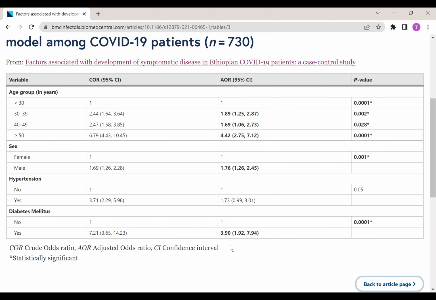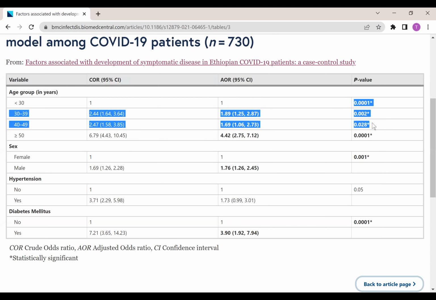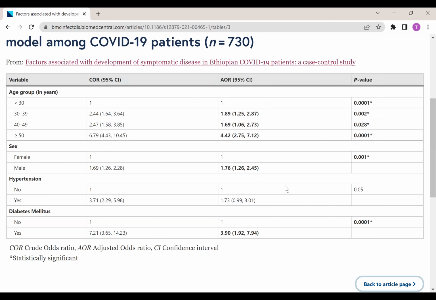But in this case, since it's a case control study design, we have used the adjusted odds ratio. The significant p-values are those less than 0.05, which are also marked as bold and with asterisks. For the significant variables, we check their adjusted odds ratio to see the magnitude and direction of the relationship between the exposure and the outcome.